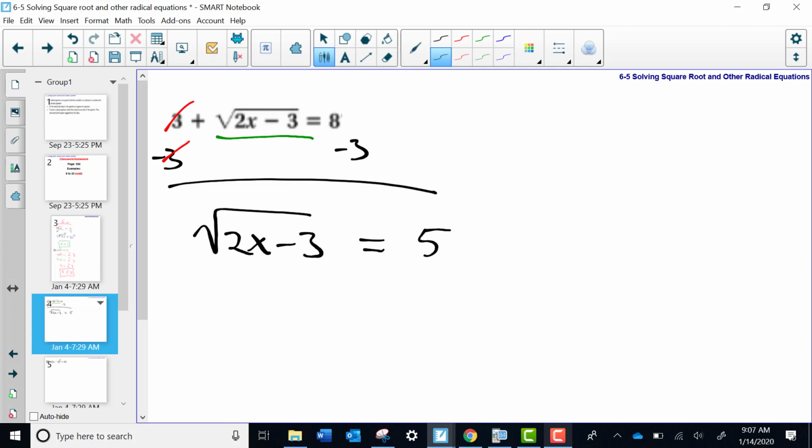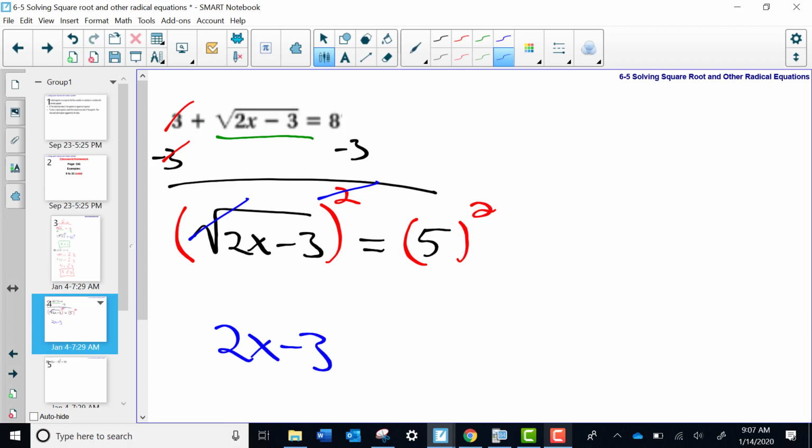Now that the radical symbol is isolated, we need to get rid of the radical symbol. We'll do that by squaring both sides. The process of squaring gets rid of the radical symbol. We have 2x minus 3, no radical symbol, equals 5 squared, which is 25. Now that the radical symbol is gone, we could solve for x.